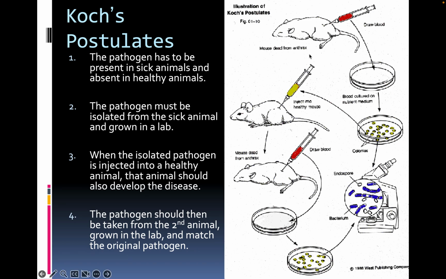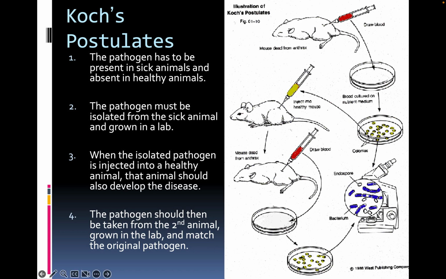And the way this works makes it pretty simplistic when you think about it. Let's say you've got a dead mouse here, and this says mouse dead from anthrax, but let's just assume that you don't know what killed this mouse. So you would take a blood sample and you would culture that, right? You'd put it on a petri dish with agar, and you would get colonies of probably several different types of microorganisms.